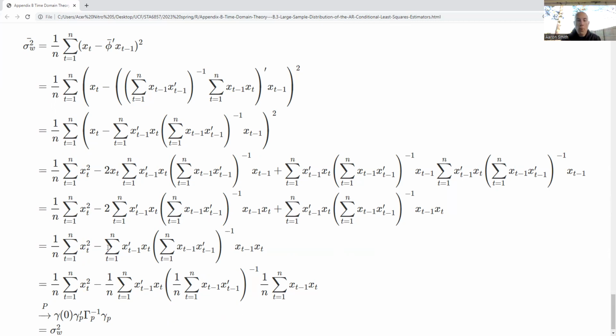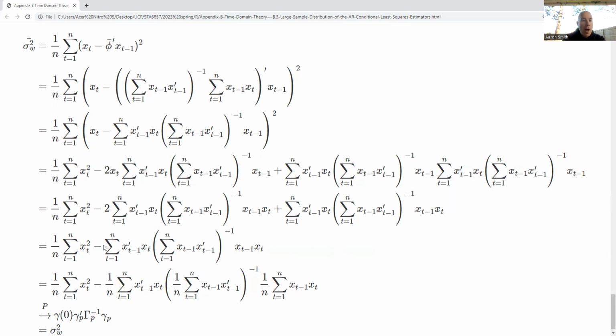But wait, let's pull a trick. What I'm going to do is multiply and divide by n. When I multiply and divide by n, that doesn't change anything. Multiplying and dividing by the same thing is the same as multiplying by 1. So imagine I take a fraction, n over n.